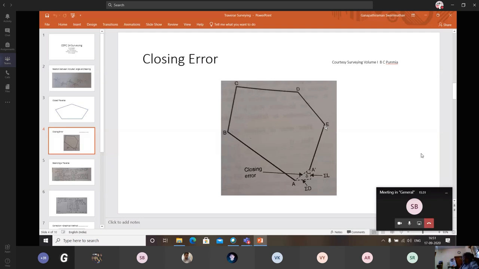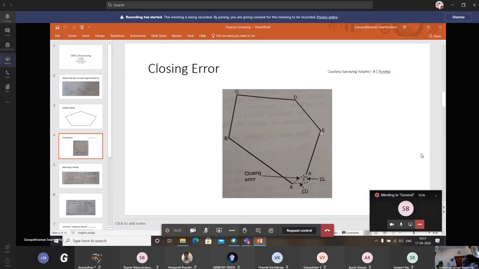So in the field, what will you observe? You'll be finding out the bearing and the length of EA.